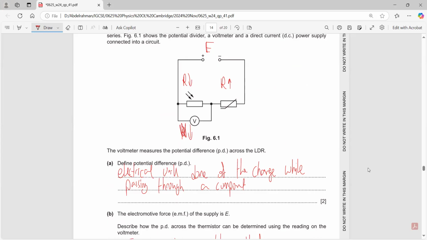We need to talk about some very familiar things. We need to talk about how the resistance is directly proportional to the voltage.